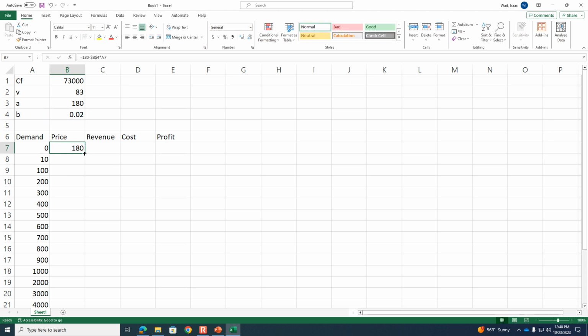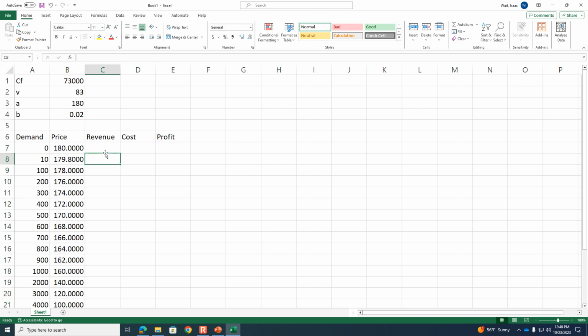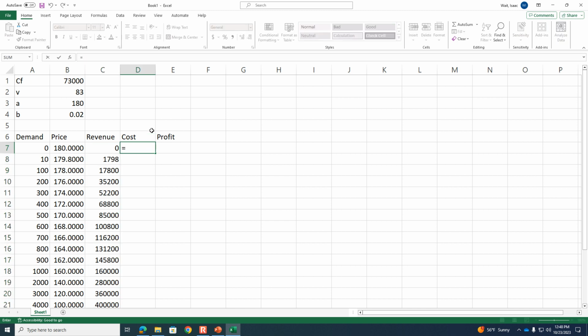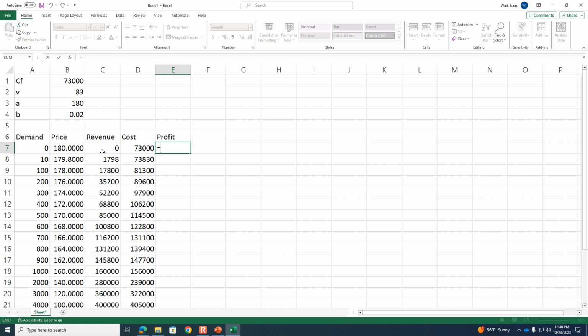So this is going to just tell us what price would be related to what demand level. The revenue is simply demand times the price. The cost is going to be our fixed costs plus the number of units sold multiplied by the variable cost per unit. So I've got my costs going up, and profit is simply the revenue minus the costs.